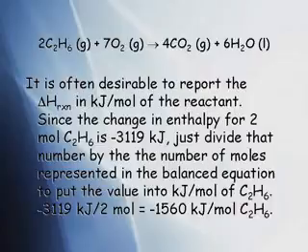Since the change in enthalpy for 2 moles of C2H6 is negative 3,119 kilojoules, all we have to do is just divide that number by the number of moles represented in the balanced equation to put the value into kilojoules per mole of C2H6. When we do this, negative 3,119 kilojoules divided by 2 moles of C2H6 will give us negative 1,560 kilojoules per mole of C2H6 combusted.